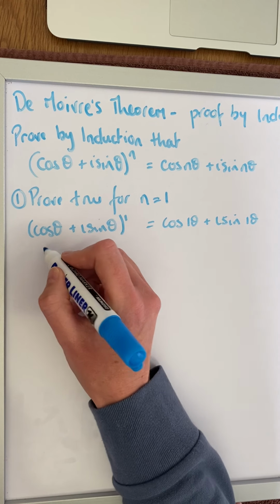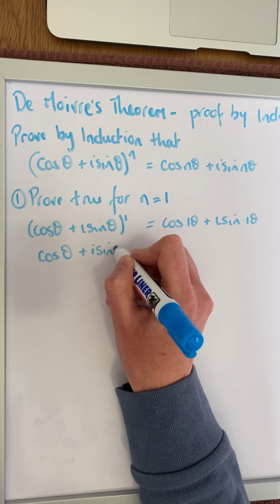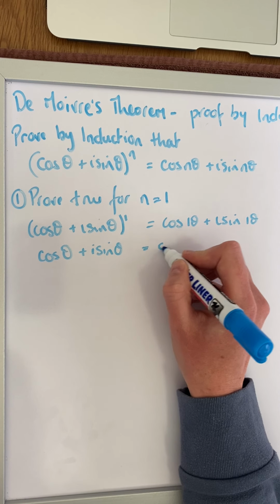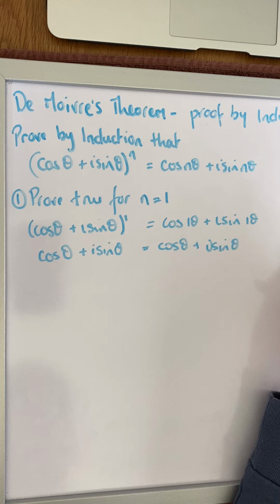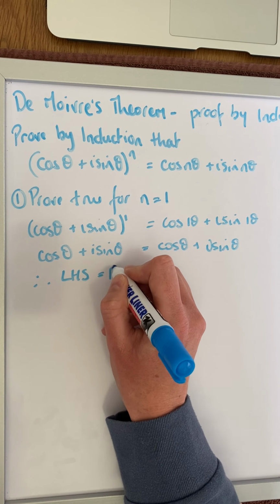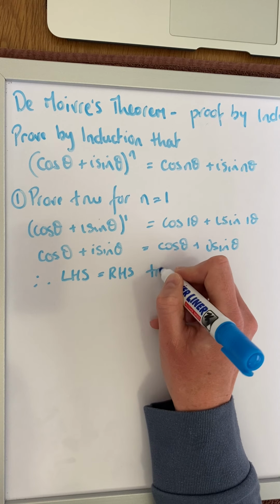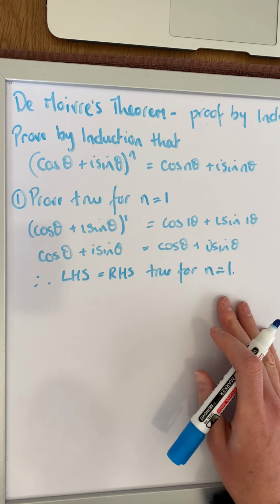(Cos theta plus i sine theta) to the power of 1 is just itself. So we're looking at cos theta plus i sine theta on the left hand side, cos theta plus i sine theta on the right hand side. Therefore, because the left hand side is equal to the right hand side, it is true for n equals 1. So that's our step 1.